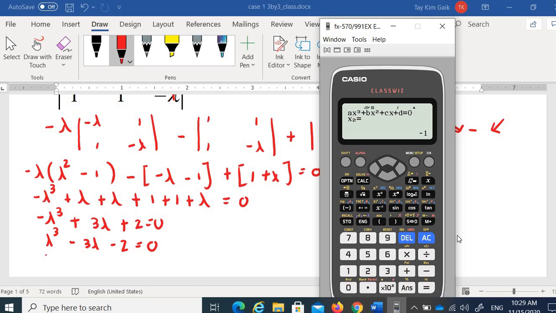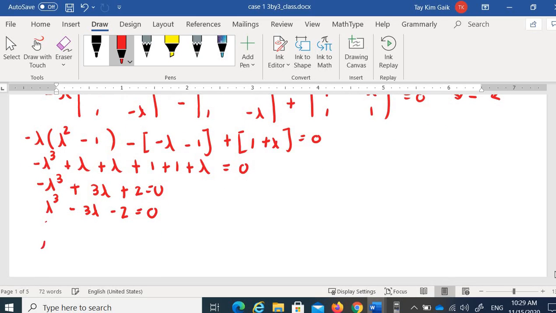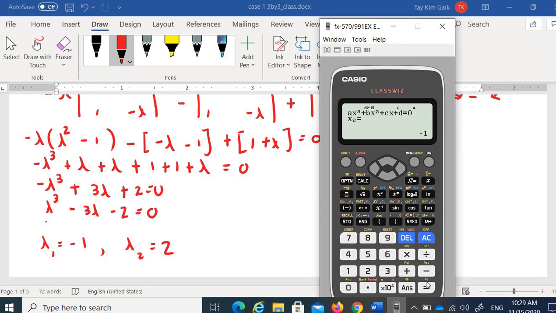So from the calculator here, you obtain lambda is negative 1, lambda is 2. So cubic we should have 3 roots, however you obtain only 2 roots.